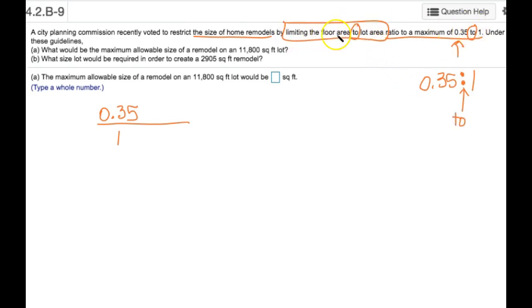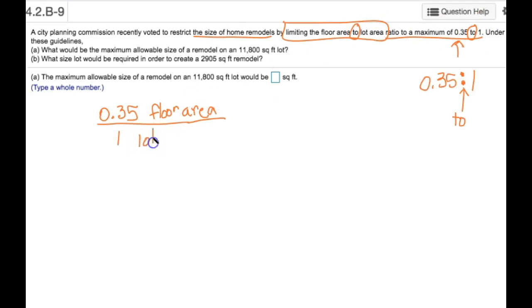And so the floor area is going to be associated with the 0.35. We can even write that in our fraction just to remind us: floor area, and then "to," lot area. So the 1, since it comes after the "to," is associated with the lot area.